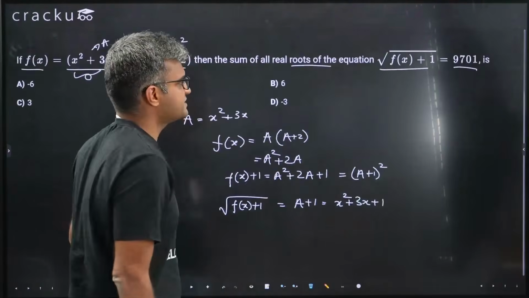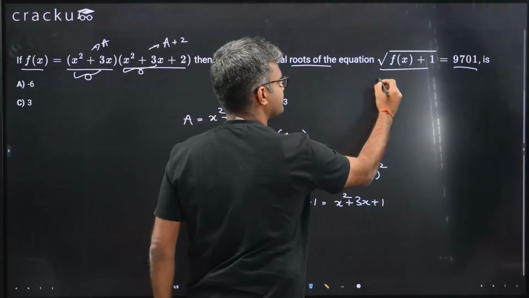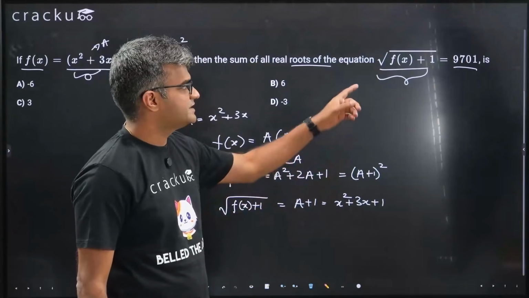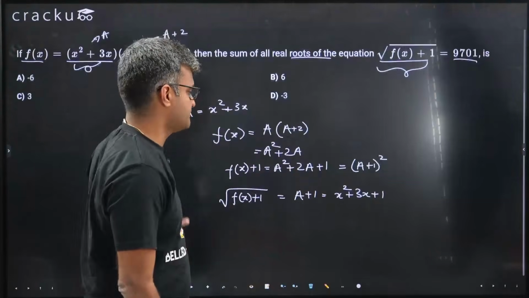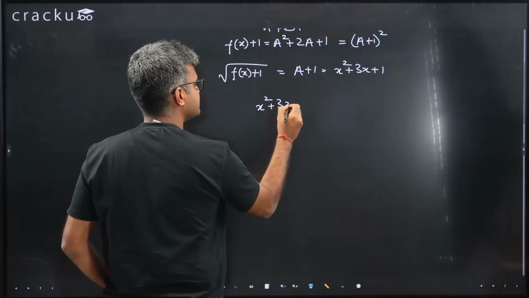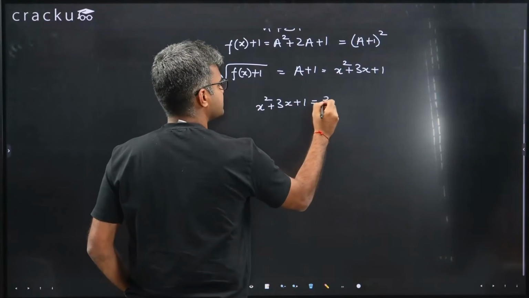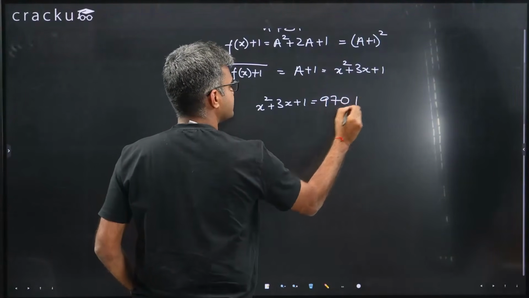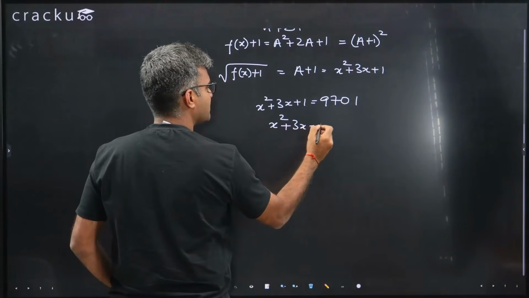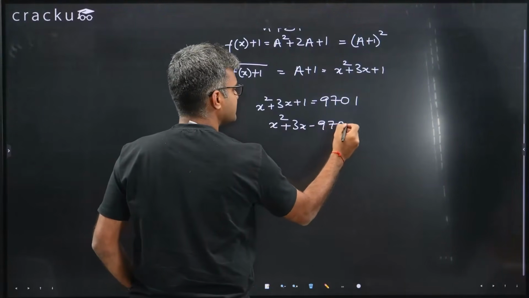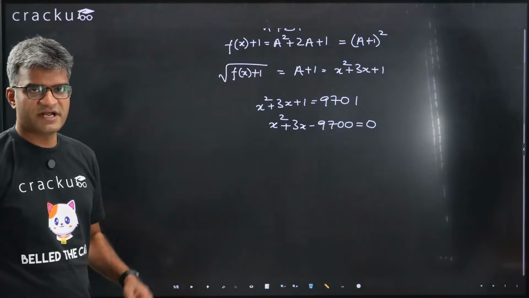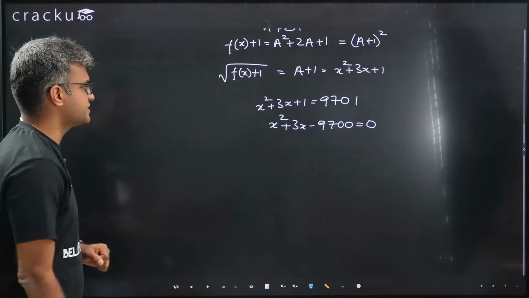So the equation that is given to us is that square root of f of x plus 1, which is x square plus 3x plus 1, is equal to 9701. So x square plus 3x plus 1 is equal to 9701, or x square plus 3x minus 9700 is equal to 0. This is a quadratic equation and we can calculate the sum of the roots of this quadratic equation.